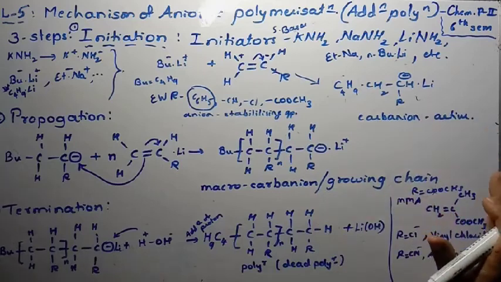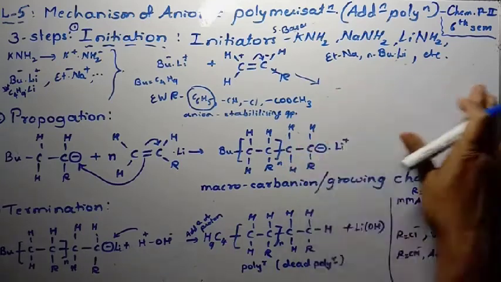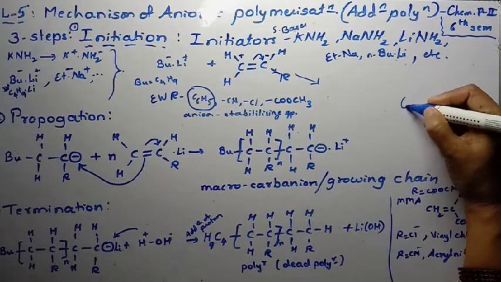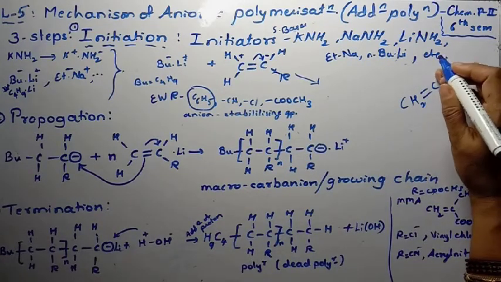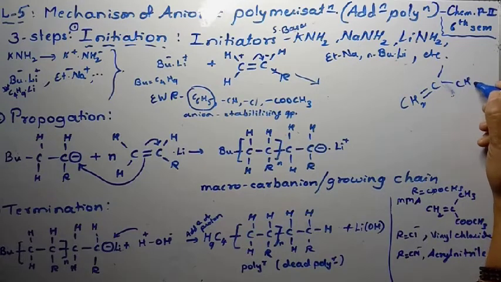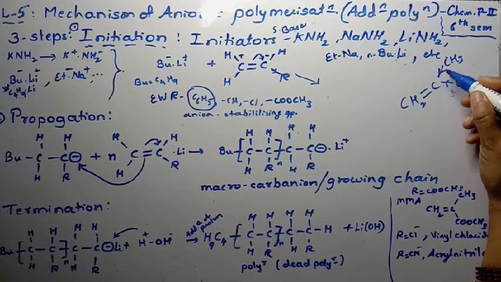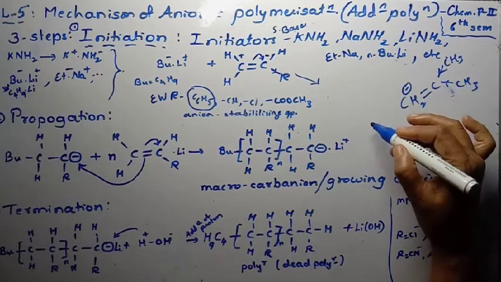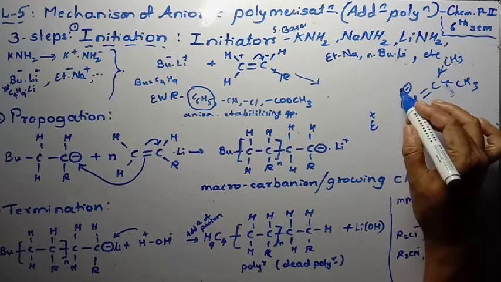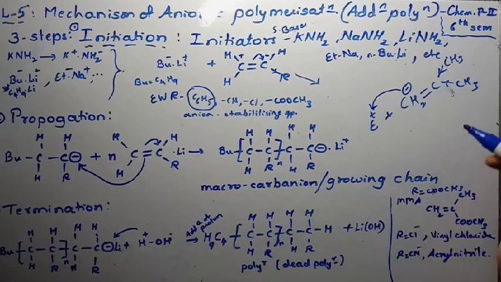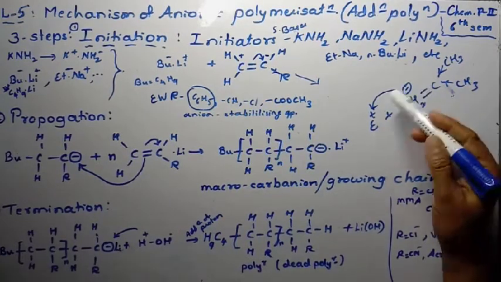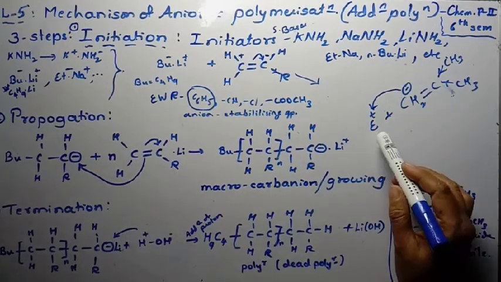For example, in the case of isobutene here, see the electron, and here the electrophile. So now the monomer attacks. This is the monomer. So during the polymerization reaction, the monomer attacks the electrophile.